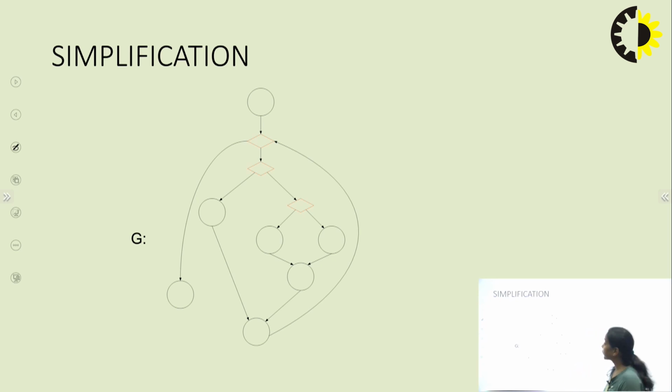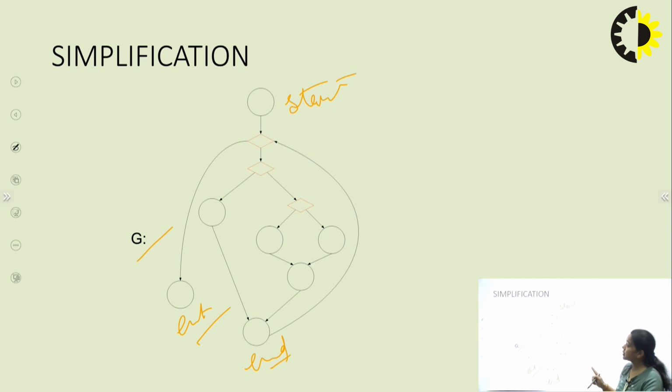How? We have this graph G, and with the graph G, we are defining the complete flow. The flow has nodes and edges, and the graph starts from here and ends maybe here or maybe here. There are 2 ends. The start may be 1, the end may be 2.